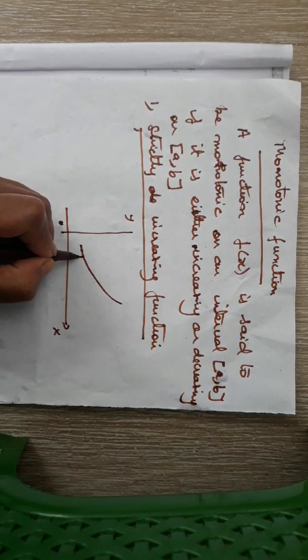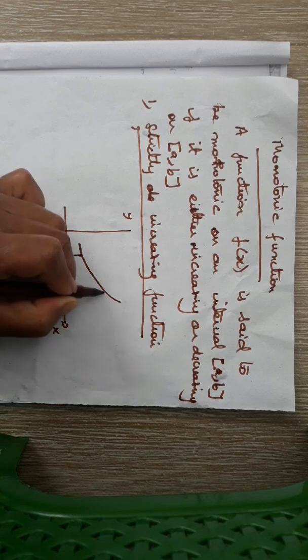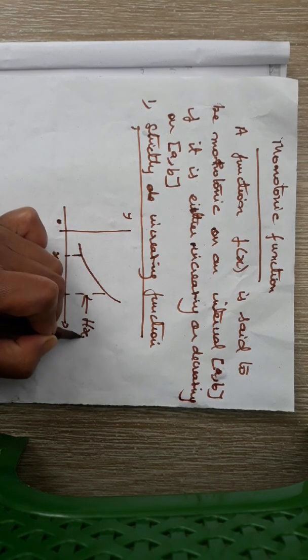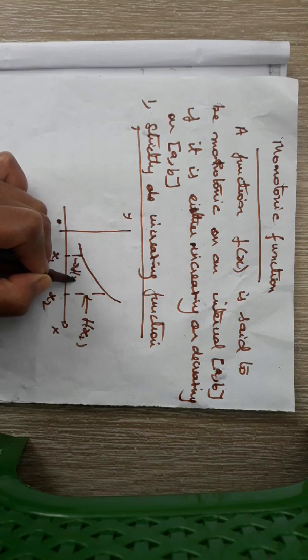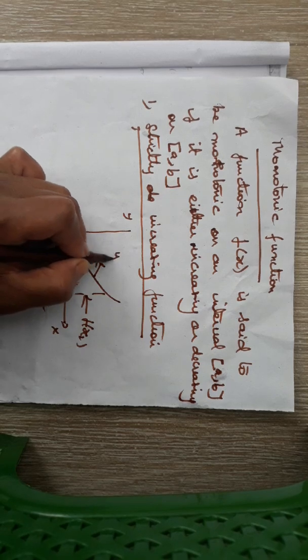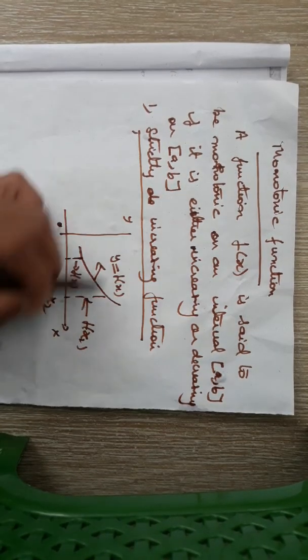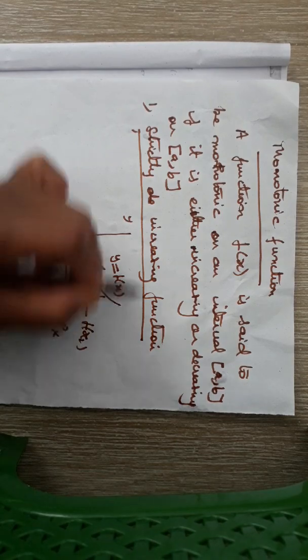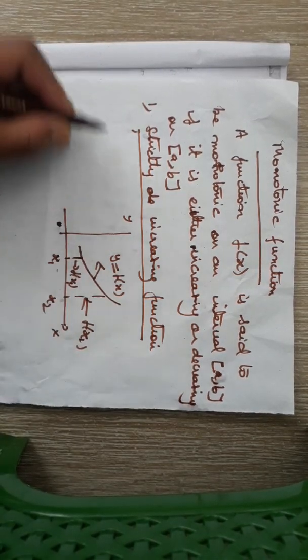Let x1 be this, x2 be this. So this is f of x2 and this is f of x1, and this is the curve y equals f of x. As you can see, as x increases, f of x also keeps on increasing. Such a function is said to be strictly increasing.